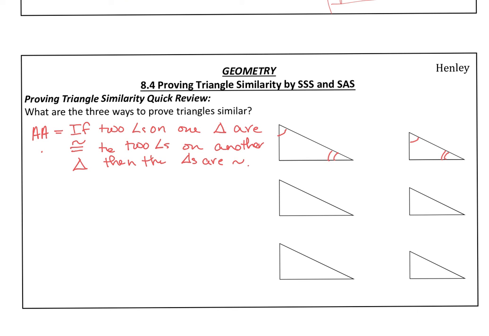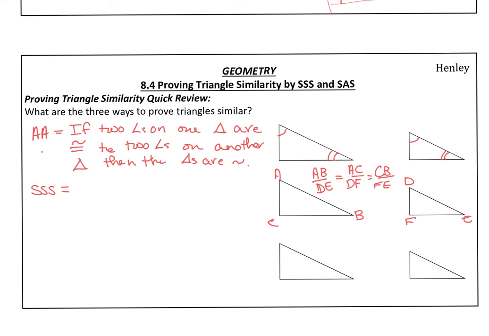Now, the next one is side, side, side. If we have triangles ABC and DEF, we would say that AB is similar to DE, and AC is similar to DF, and CB is similar to FE.